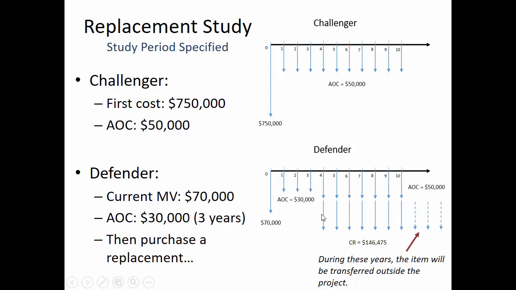And so we have both the capital recovery costs and the annual operating costs. And then these dashed arrows here are just showing you that the item is transferred outside the project, and so even though the equipment lasts for 10 years, we don't have to consider the full value of all of those 10 years.